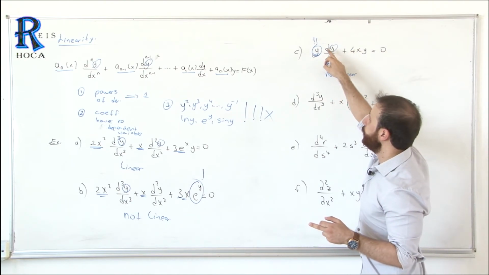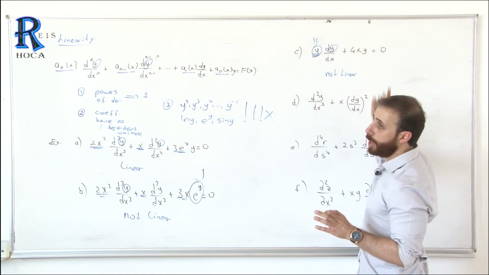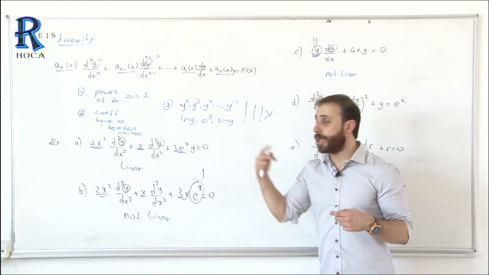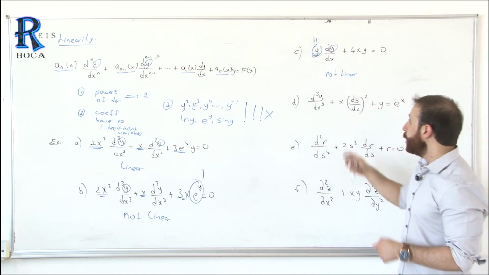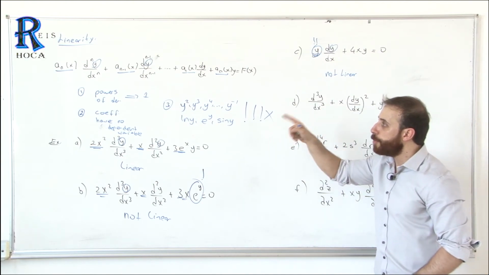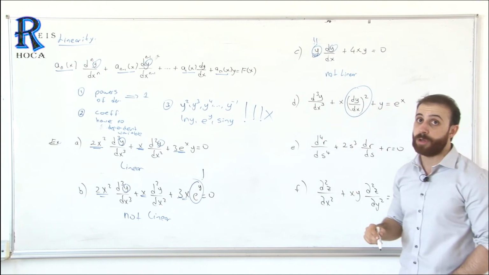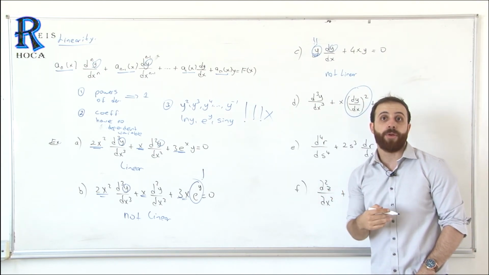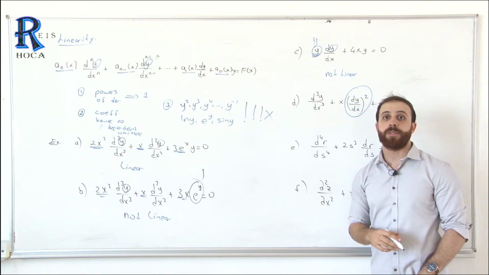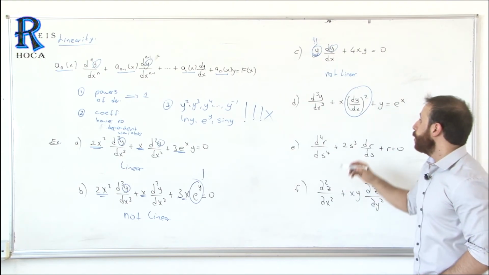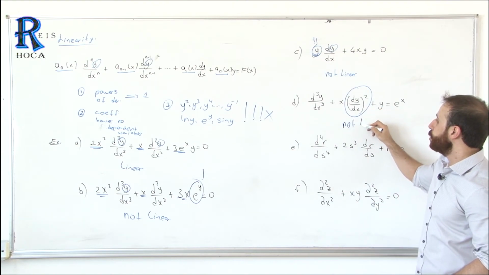About the dependent variable, there is no other function of y. It's okay, but the second condition is not satisfied. Here, look, the first condition says the power of the derivative must be 1, but the power of the derivative here is not 1. This is squared, it cannot be. You cannot write this type of expression for a linear equation, so this is not linear.